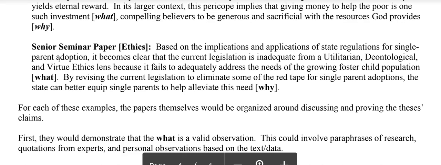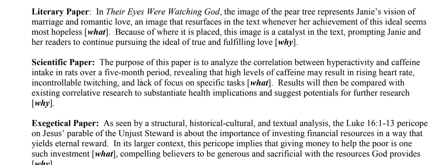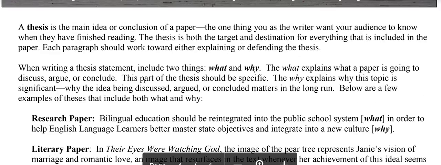So that is the what. Then the why: By revising the current legislation to eliminate some of the red tape for single parent adoptions, the state can better equip single parents to help alleviate this need. Why? So always a good thesis statement has a what and a why.